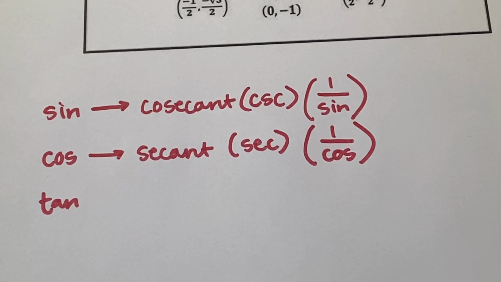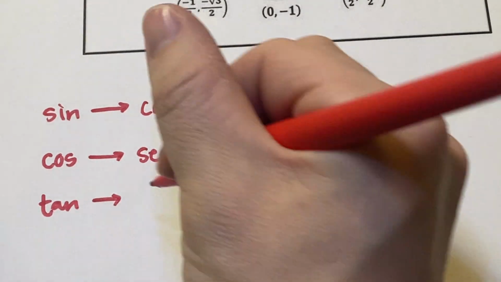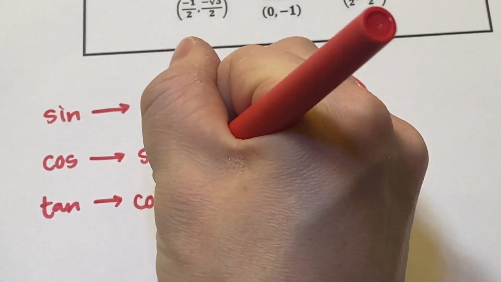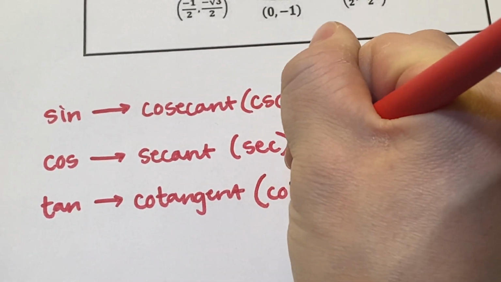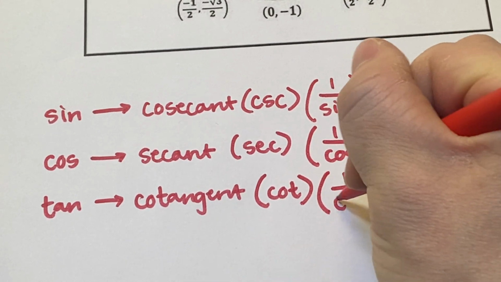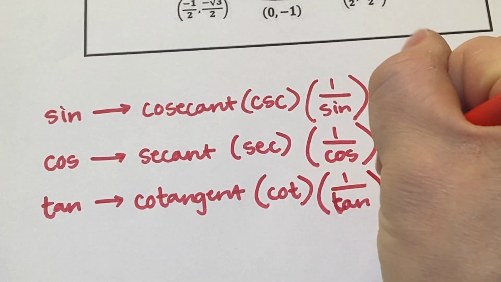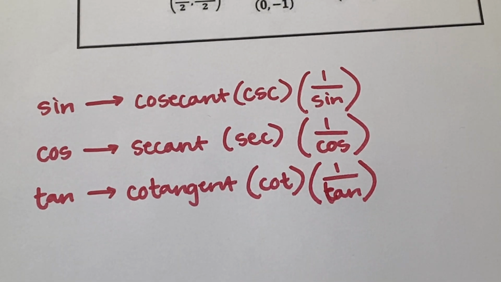Okay, and our last reciprocal, this one makes the most sense in my head. Cotangent. The reciprocal of tangent is cotangent, which we abbreviate with COT, which is really just 1 divided by tangent.